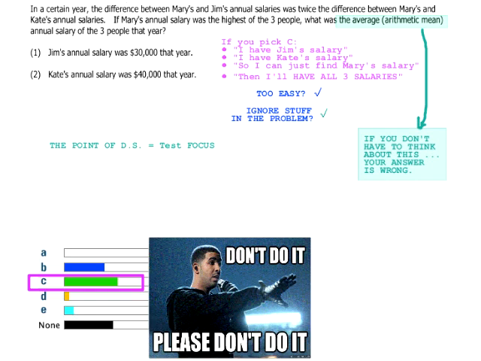If you see this problem and think I need to find all the salaries, then you're already wrong. You're wrong before your pen even touches the paper. You're like pre-order wrong before it's even in stores. Already wrong. You should anticipate the way that they're going to do this.